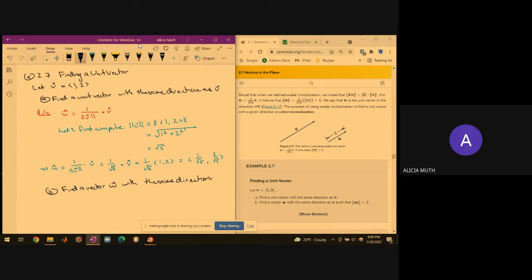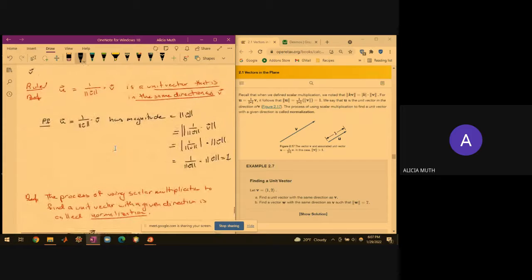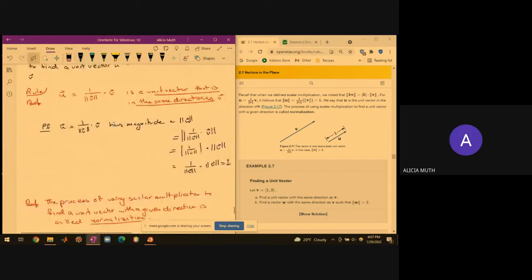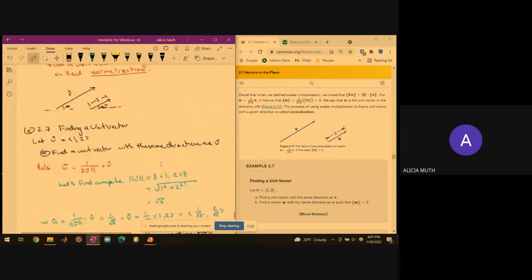All right, so we can still think about how scalar multiplication affects the magnitude of our vector. If we go back to the work we did above with the normalization, we said that scalar multiplication of a vector adjusts the magnitude of the vector by a factor of that scalar.